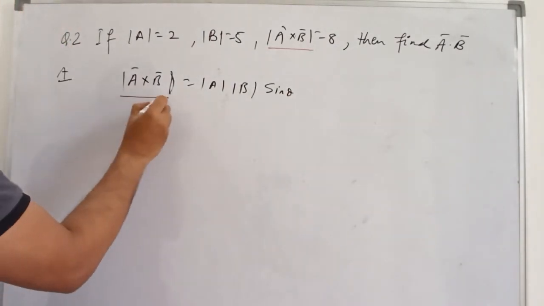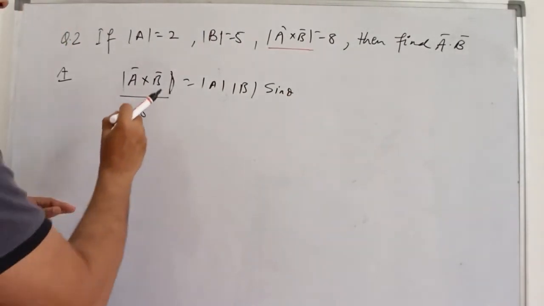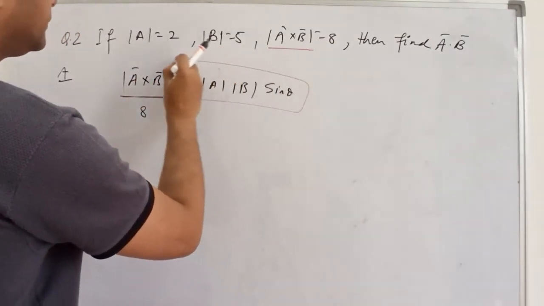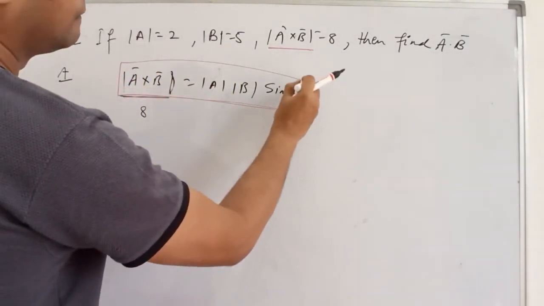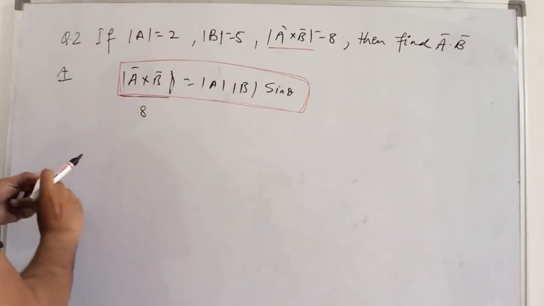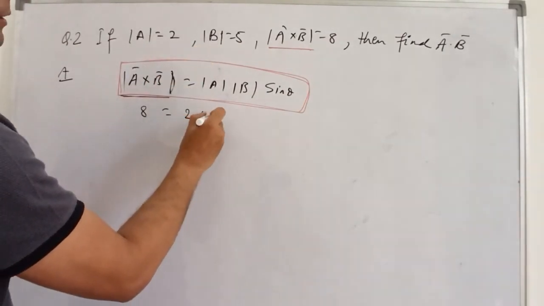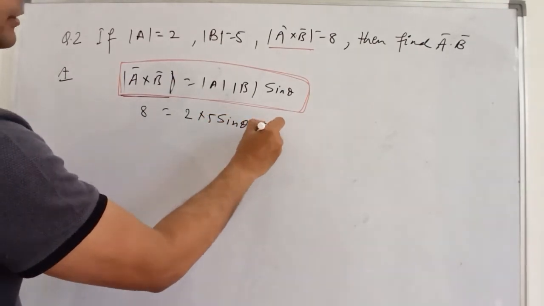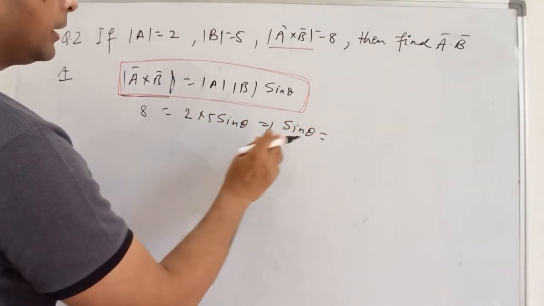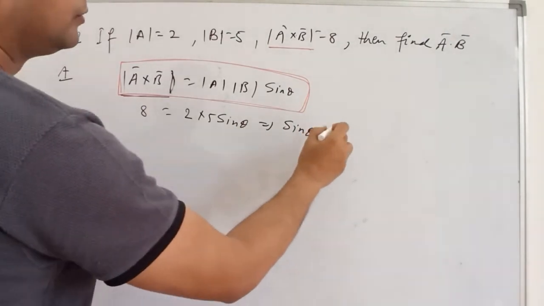So this entire thing is given as 8. You must remember this formula first. Mod of A is 2 given, mod of B is 5 given, and this is your sin theta. So I can get sin theta is equal to 4 by 5.